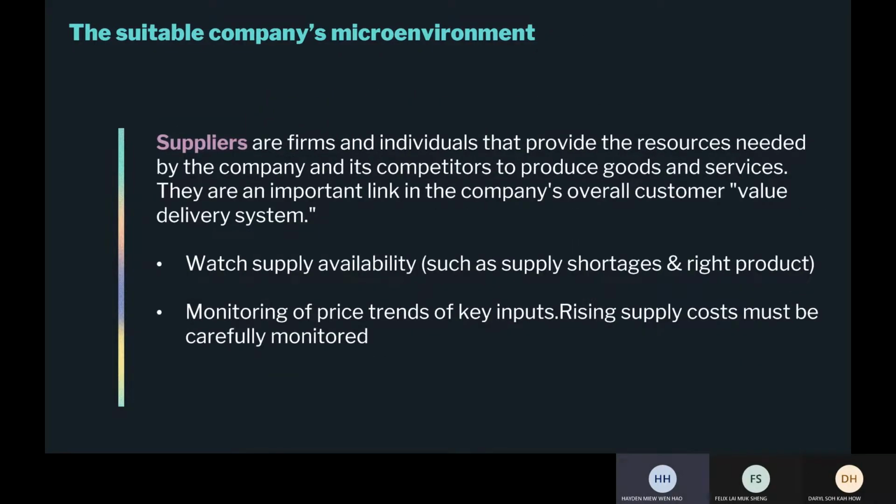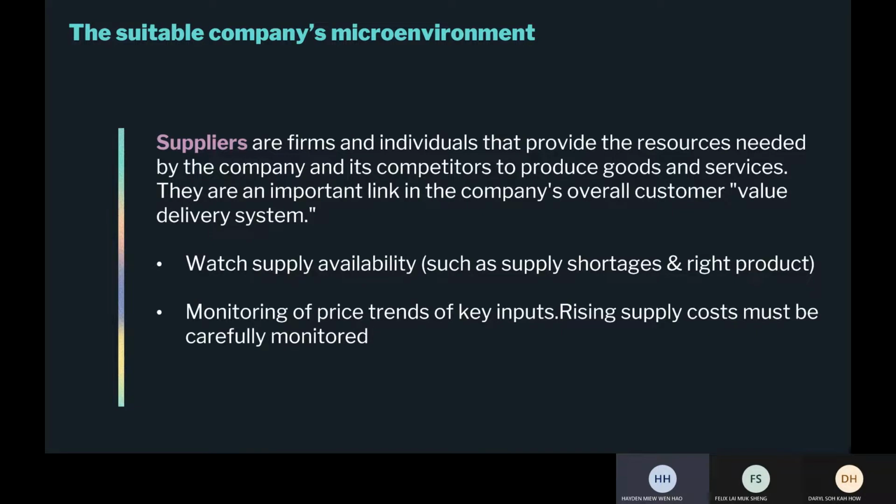Okay, the second is supplier. Suppliers are firms and individuals that provide the resources needed by the company and its competitors to produce goods and services. They are an important link in the company's overall customer value delivery system. We have two characteristics.